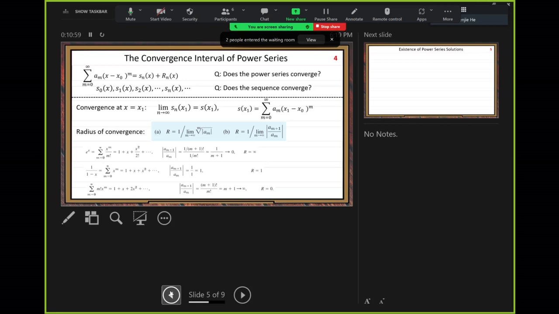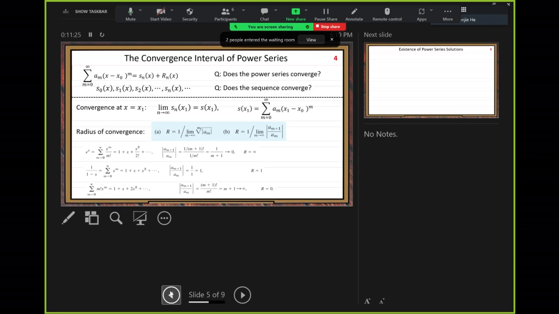That means no point is convergent, other than the center 0. No point on the plane gives a convergent value if you plug it in. So this is the worst case.